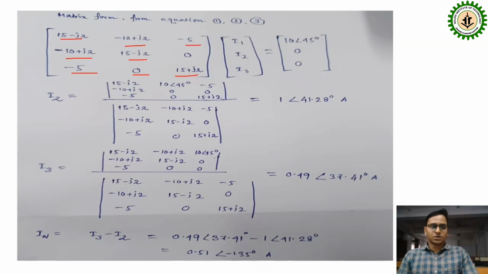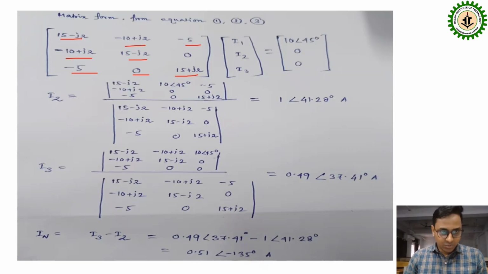So we need to calculate the Norton's current. If you see the diagram or this network, IN is the resultant of I3 minus I2. That's why we need to calculate the I2 current and I3 current. The I2 current we can easily calculate from Cramer's rule. So the determinant of this is directly written here in the denominator part.